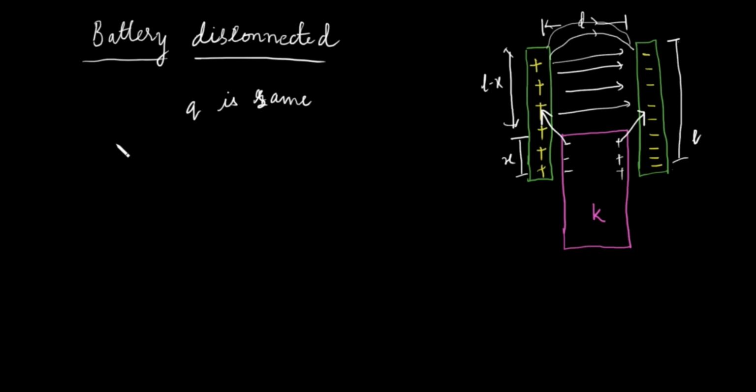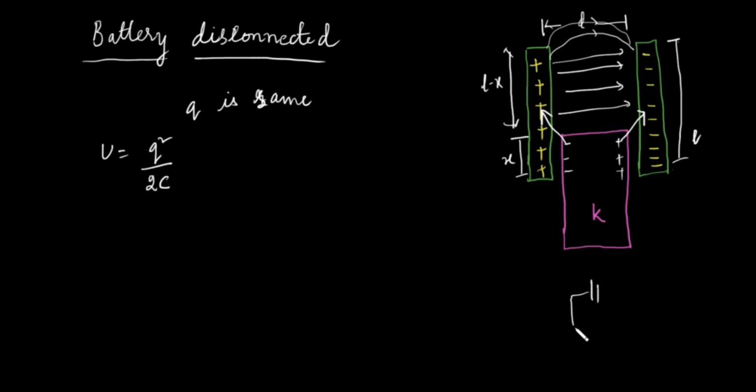Now as the charge remains the same, U is equal to half C V square, but here Q is the same, so I will use U is equal to Q square by 2C. I know the effective C. Previously we discussed how to calculate it.